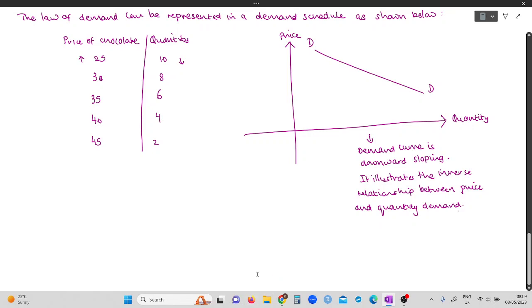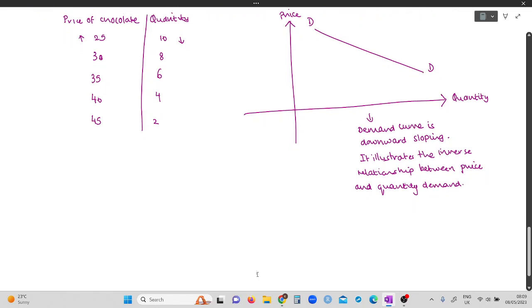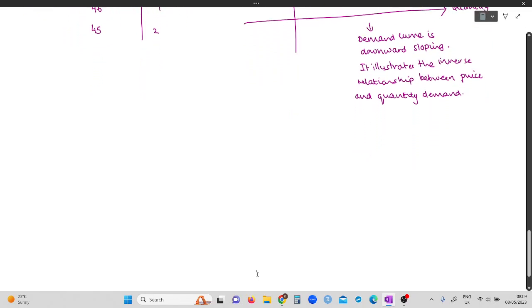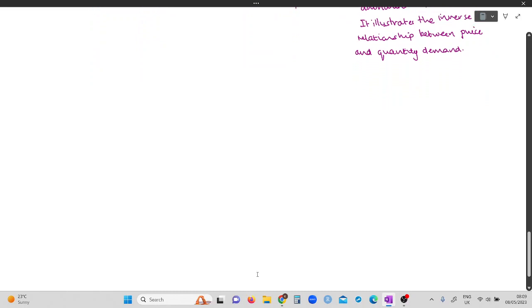So now, how the changes in price will affect the demand curve or points on the demand curve. Changes in price of the good.